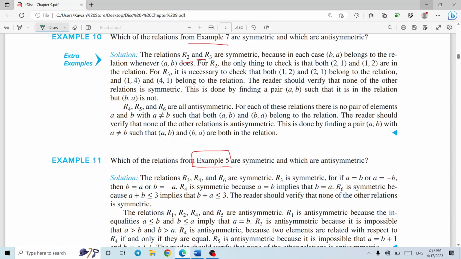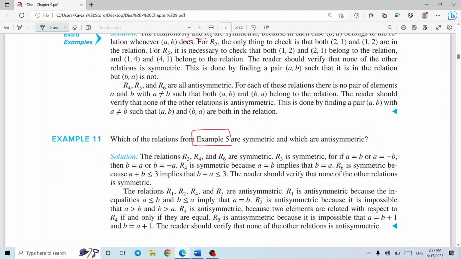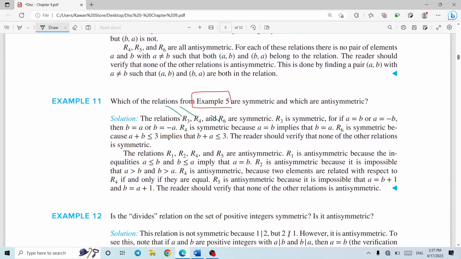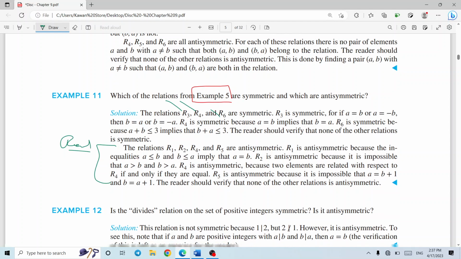What else? Good. So we have R3, 4, 6. Kindly check it. There and there, you have a point. Why is the other not? Read it. Okay, dears. Good.